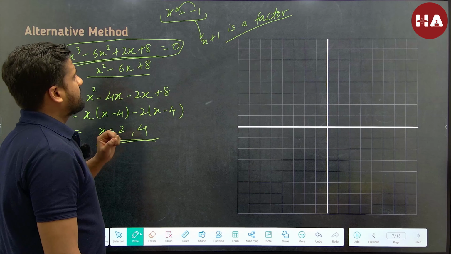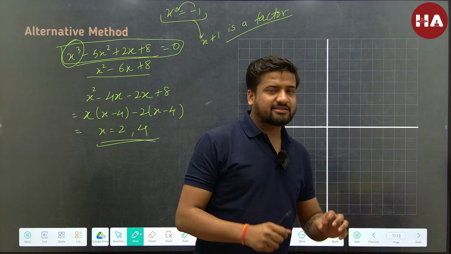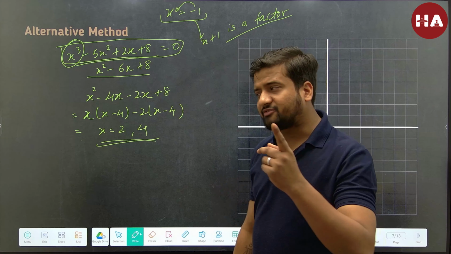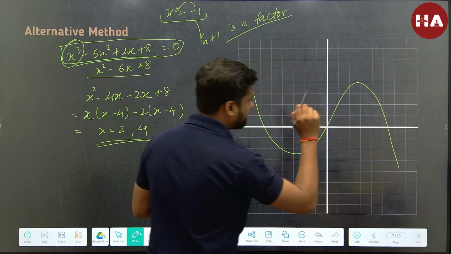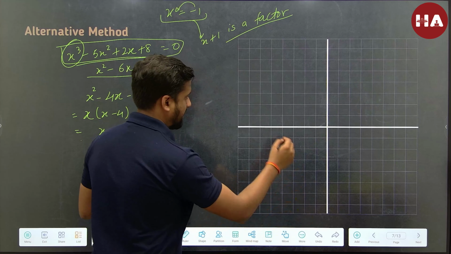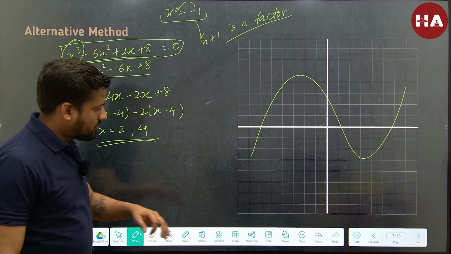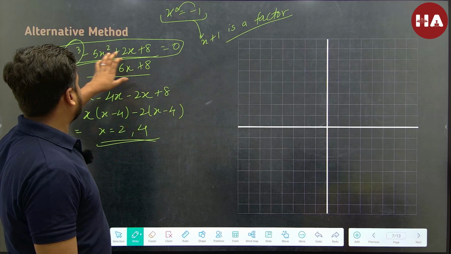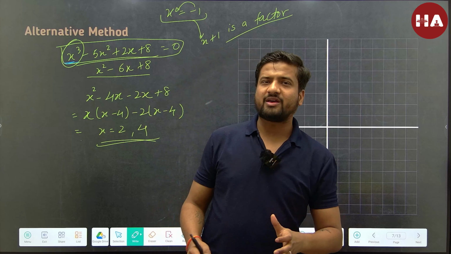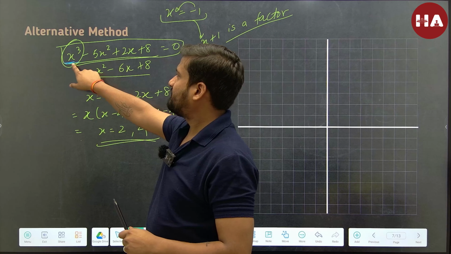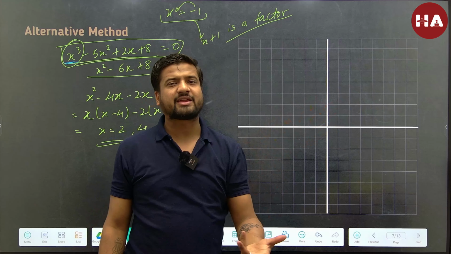Now since this is a cubic equation, the graphs of cubic equations are of two types: that's the first one and that is the second one. Now the coefficient of x cube determines whether it will be the first type of graph or the second type of graph.